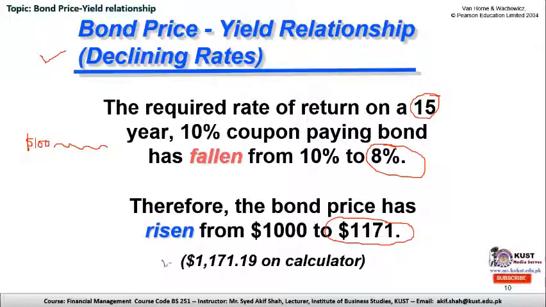The more precise answer for this bond's price is $1,171.19. Now we can conclude that when the market required rate of return declines, it will have a positive impact on the bond prices. Therefore, the bond prices will jump from the par value of $1,000 and the bond will start selling at a premium price.